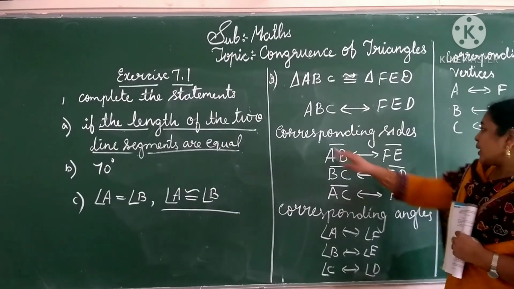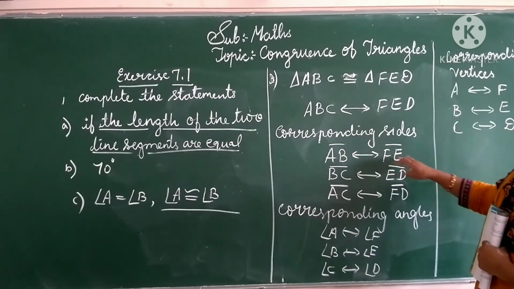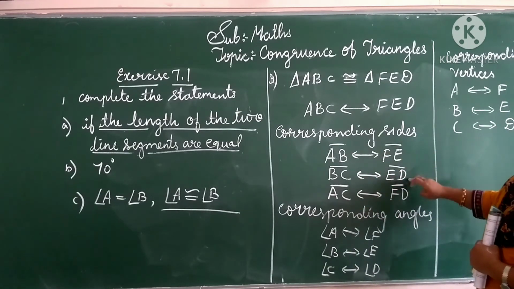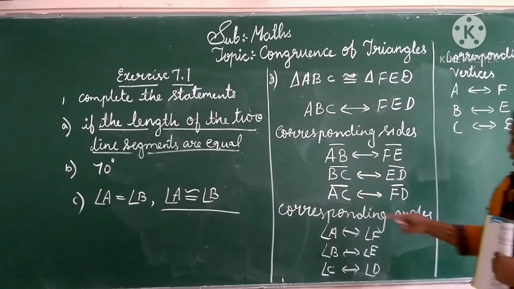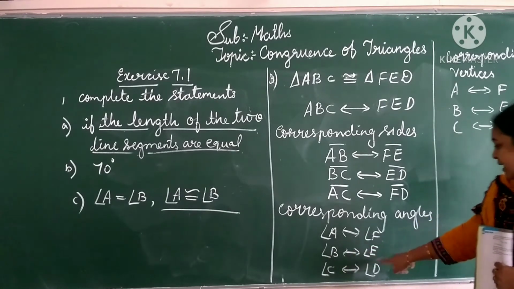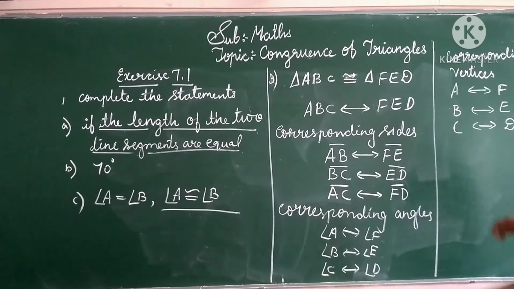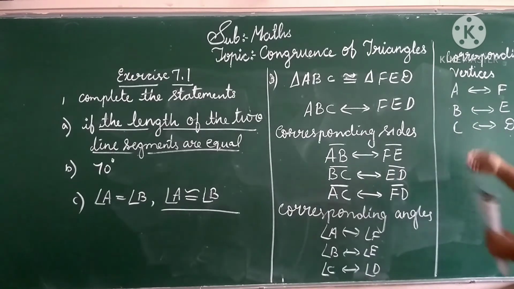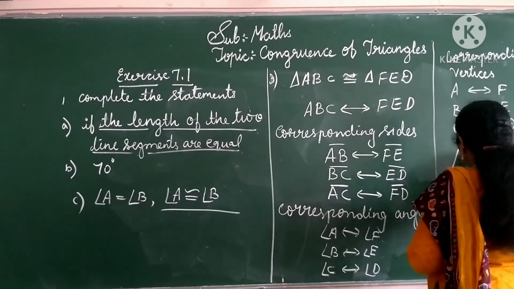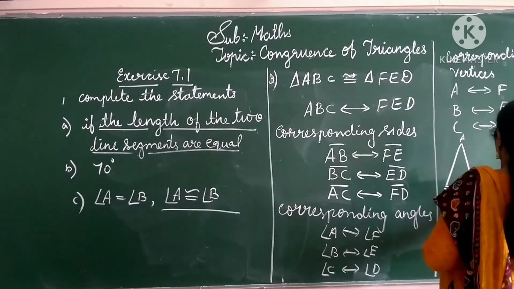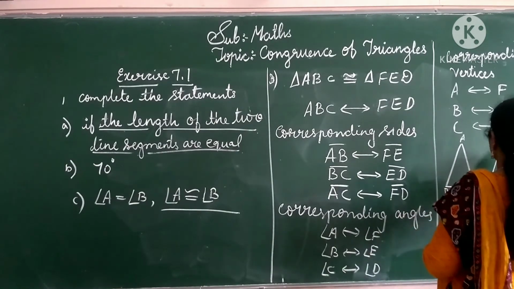So what are the congruent parts that you need? In the congruence part you will get corresponding sides. AB segment, BC segment and AC segment are corresponding to FE, ED and FD, and corresponding angles you will have. The angle A is equal to angle F, angle B is equal to angle E, and angle C is equal to angle D. And we have corresponding vertices A equal to F, B equal to E, and C equal to D. For your clarification, let us draw the two congruent triangles.